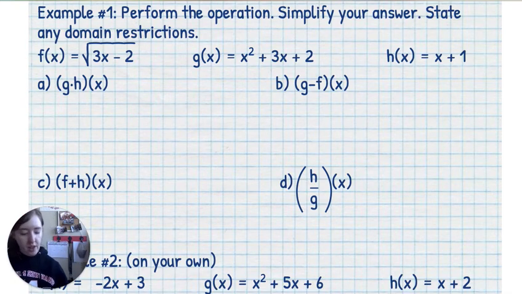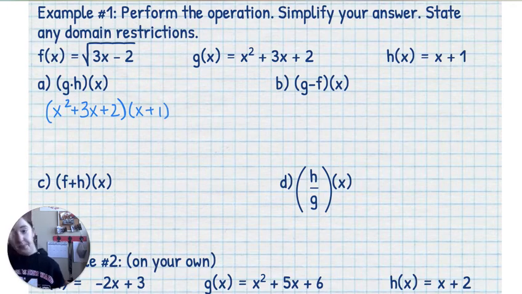All right. So I want to take g times h. So g is x squared plus 3x plus 2, and h is x plus 1. Do not leave it like this. You need to multiply it out and combine like terms, okay?